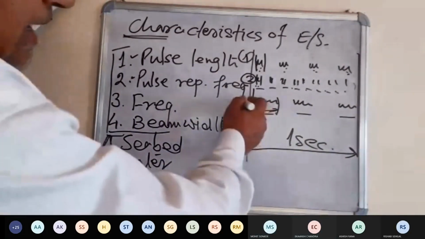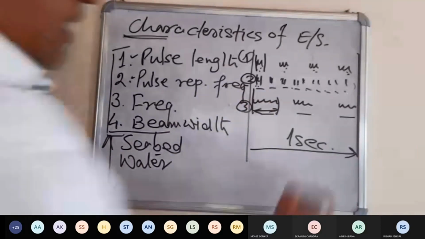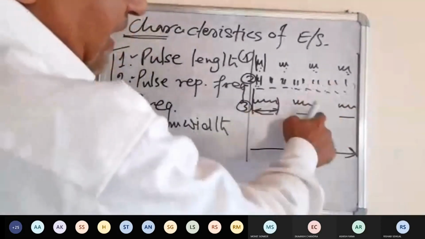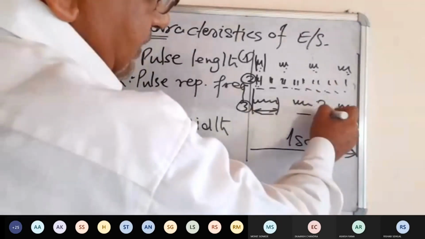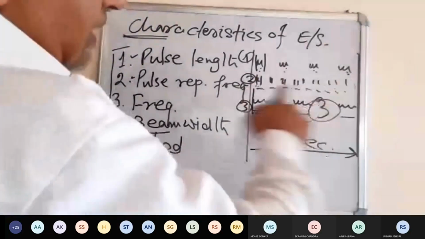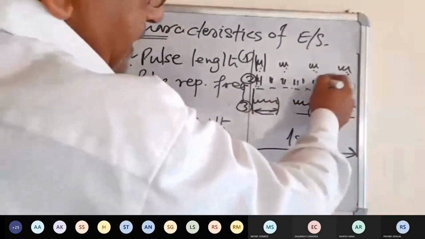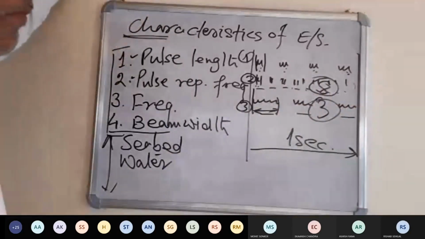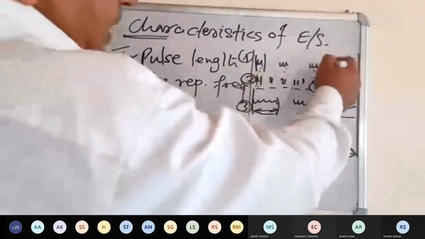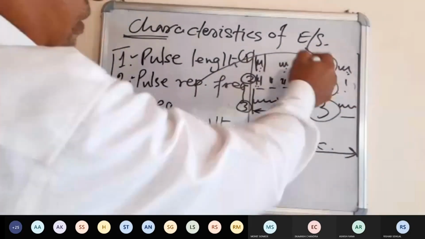And what about the third case? 3. So PRF, the pulse has been repeated 3 times in 1 second. PRF here is 3. The pulses have been repeated 8 times in 1 second, so PRF is 8. The pulse has been repeated 4 times here, so PRF is 4.